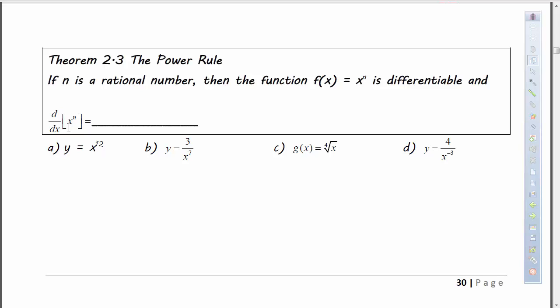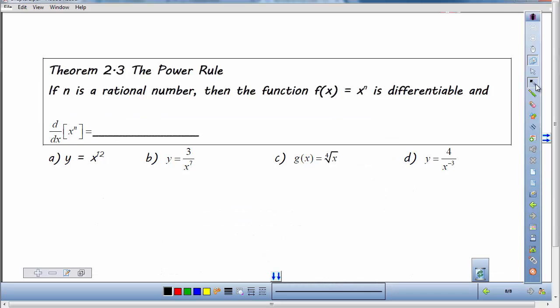All right, so the power rule. If n is a rational number, then the function f of x equals x to the n is differentiable, and the derivative of x to the n is n times x to the n minus 1.